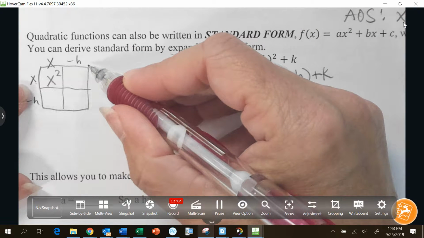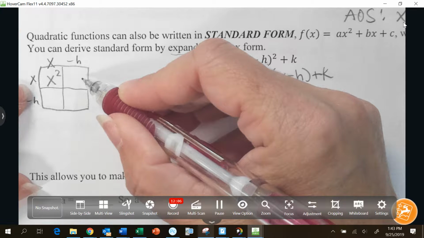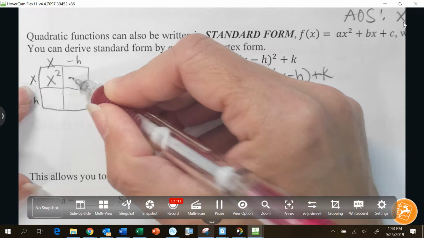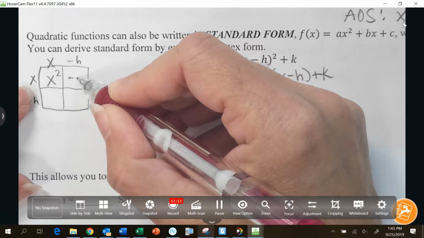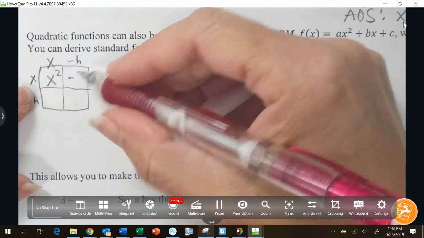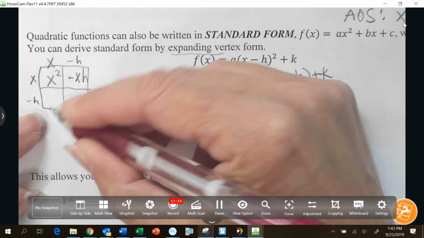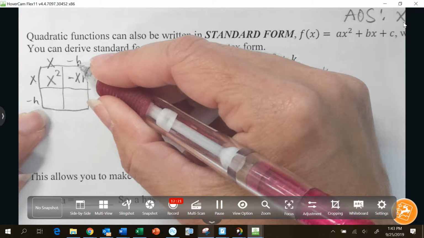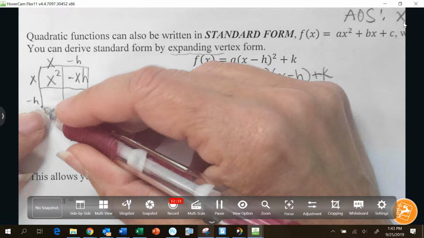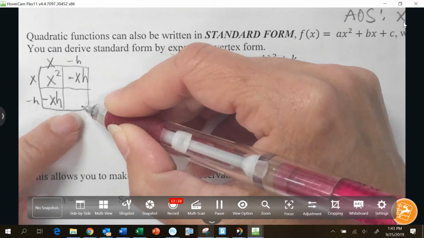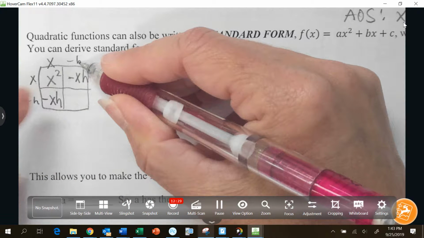Now for this square, I'm doing x times negative h, which is negative xh. And in this one right here, I'm going to do negative h times x, which is negative xh. And then in this one, I have negative h times negative h.